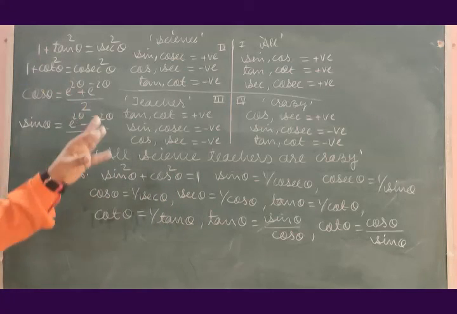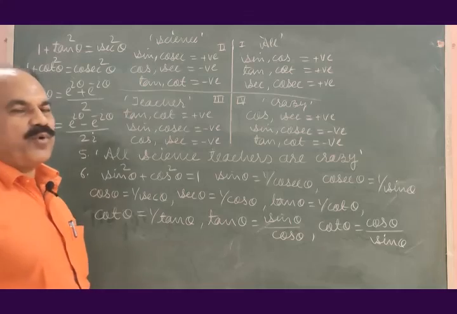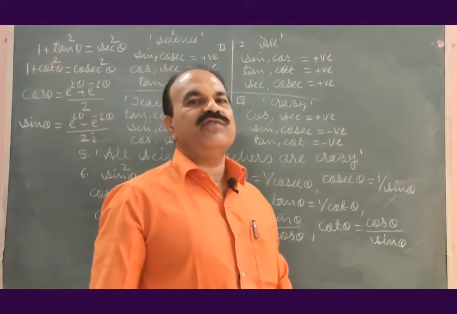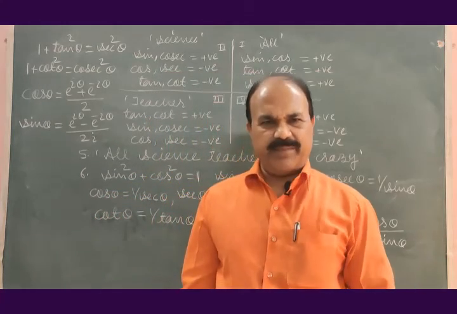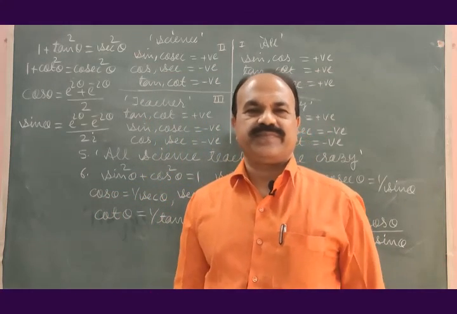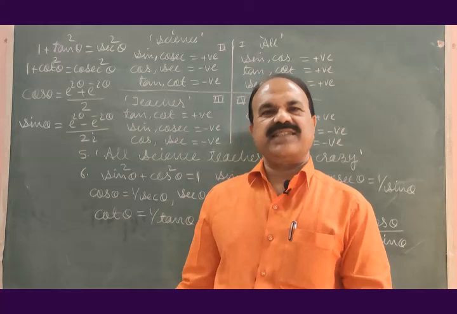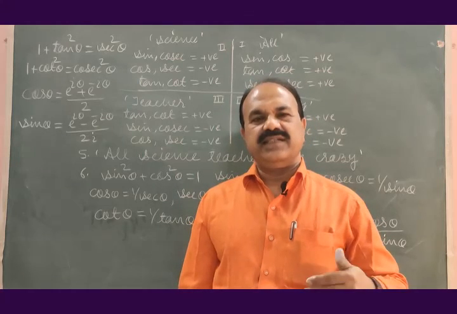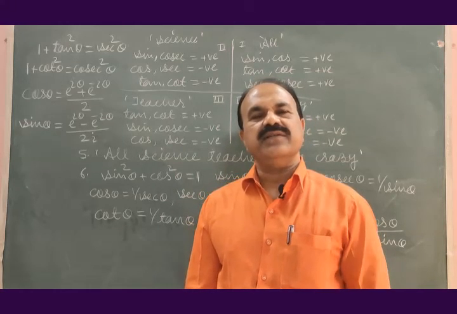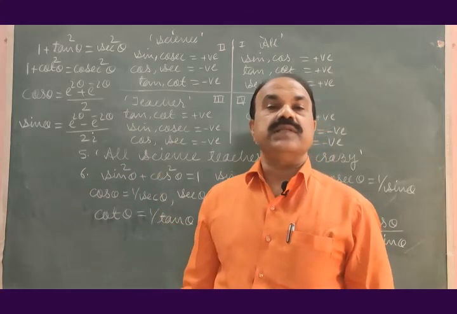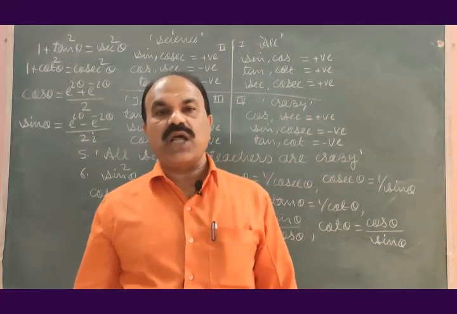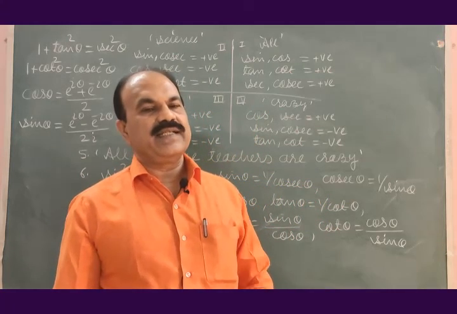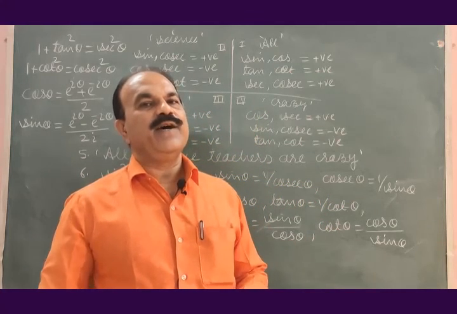All these are the properties of circular functions. I may go for many more, but these are sufficient. You already know most of these. This is about circular functions and their properties.